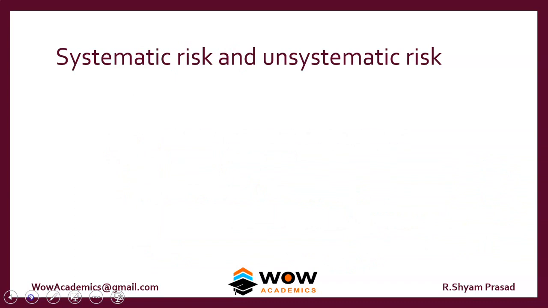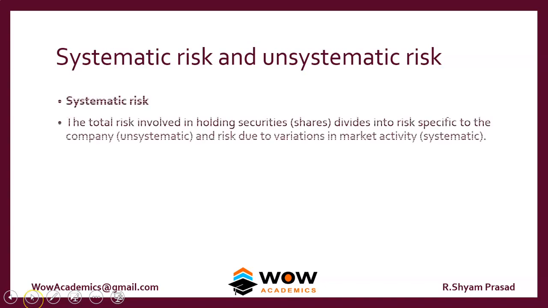So we look at the concept again here. Systematic risk, the total risk involved in holding securities, divides into risk specific to the company and the risk due to market variation. Systematic risk is something you have to live with.